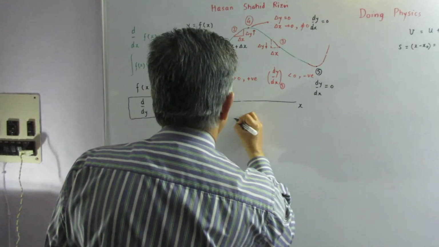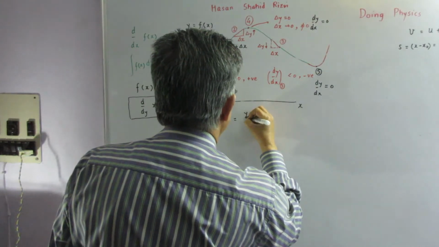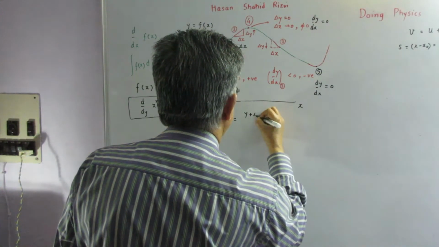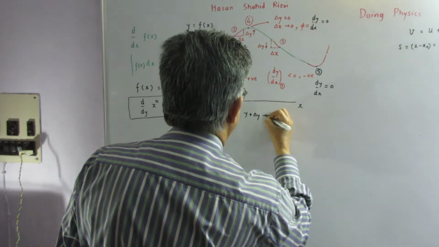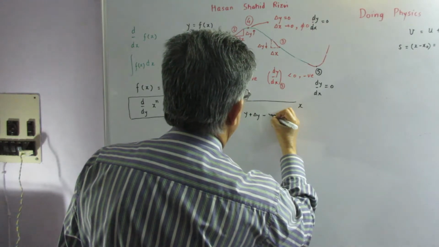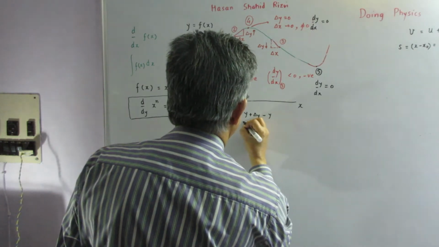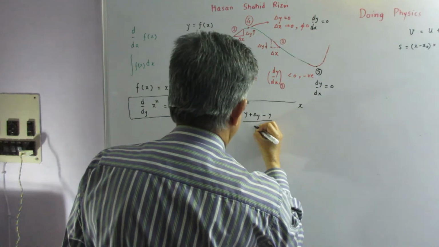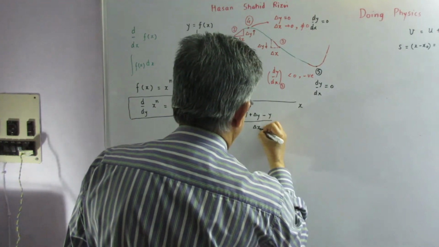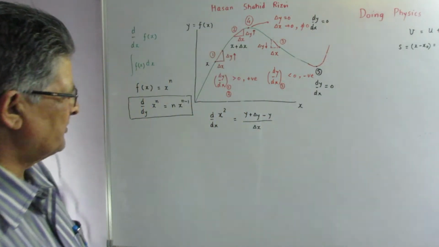So what is that? This is equal to (y plus delta y minus y) upon delta x, to be short. You understand what I mean.